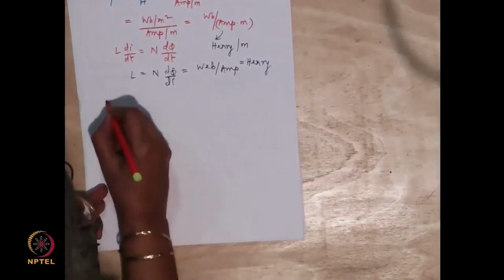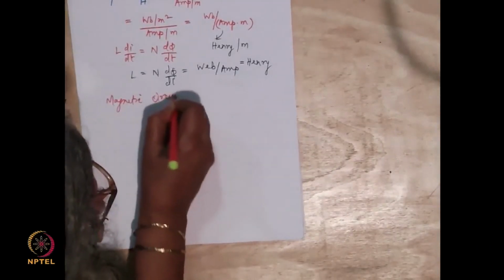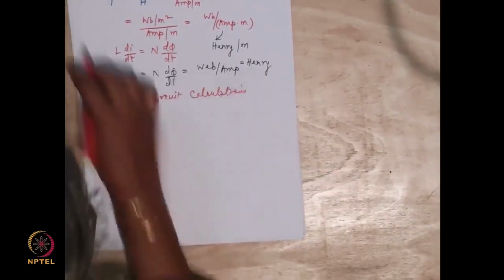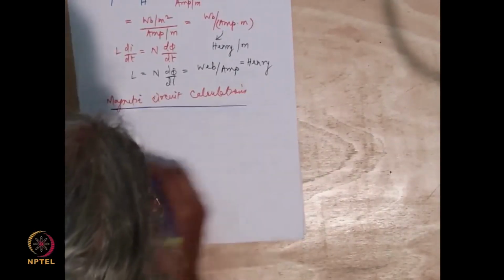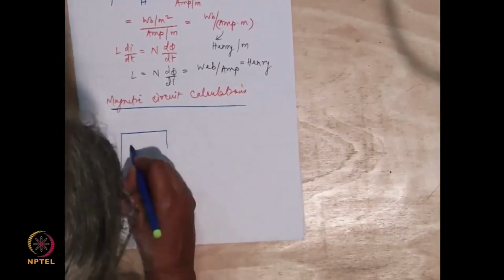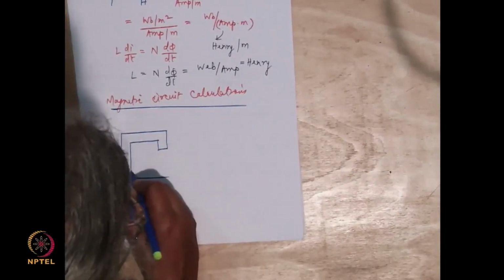So if I am having a magnetic circuit somewhat like this, let me draw it like a transformer. I am going to take a core which is like a transformer core, but I am going to introduce a small air gap in between.